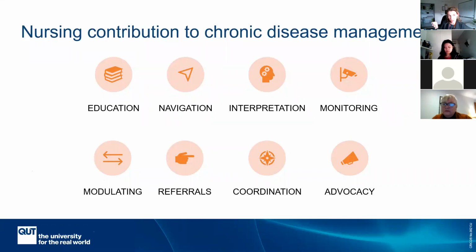But the beauty of nursing is we're doing all this stuff to make sure treatments actually work, and they're actually acceptable to the people who are supposed to be taking them. It's not without its challenges, but we're the ones doing that work. So we need to really congratulate ourselves, I guess, and keep doing it, because this is what makes nursing so good at actually dealing with complex comorbidity.